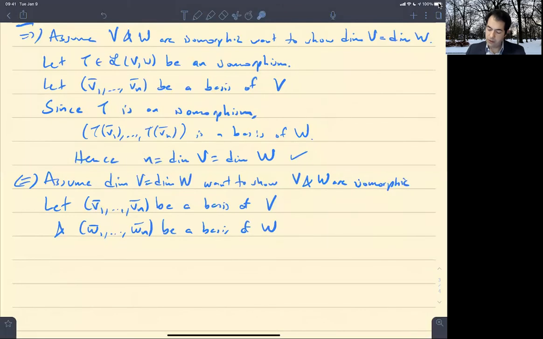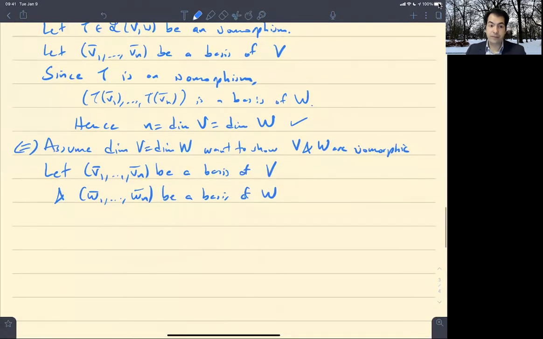So our assumption, equality of the dimensions, tells us the same number of elements here. Okay, now we've seen last time that given a basis of V, I can specify a linear map by deciding where to send each element and then extending by linearity.